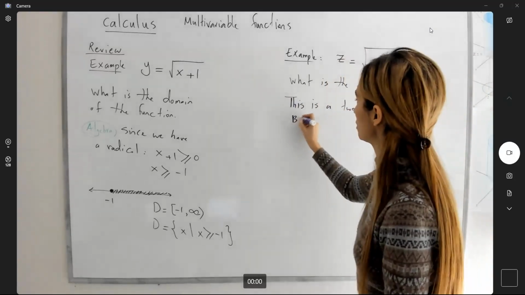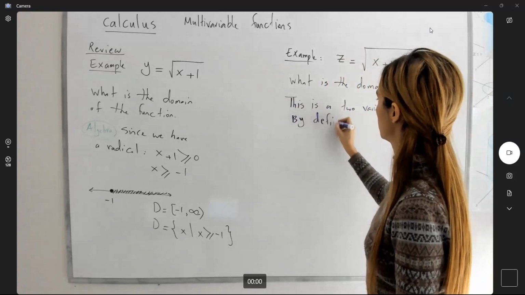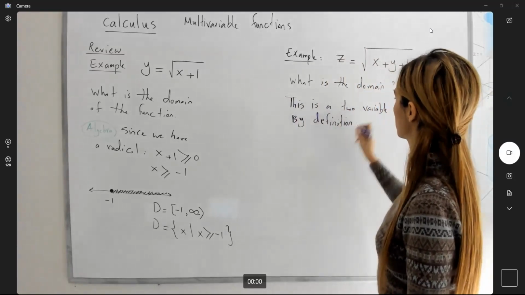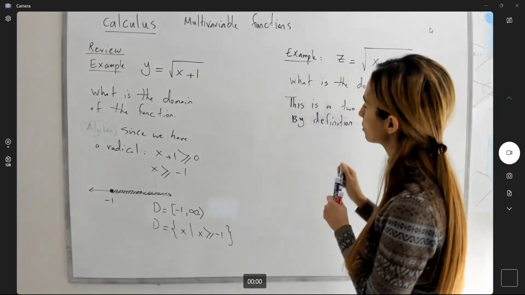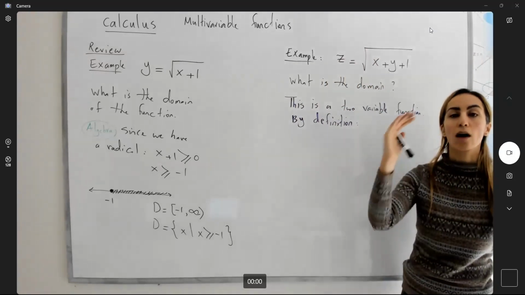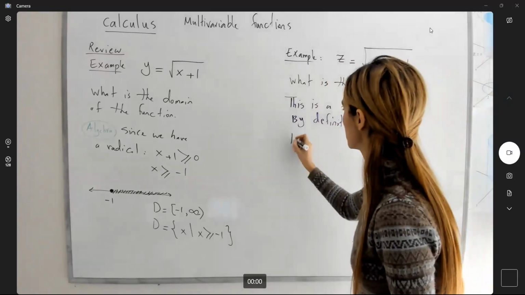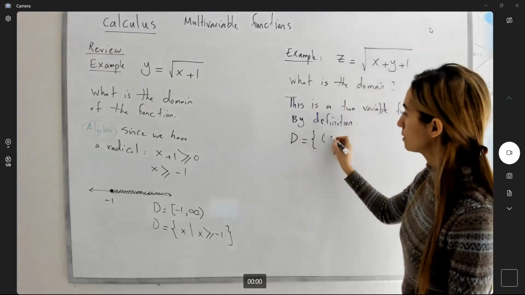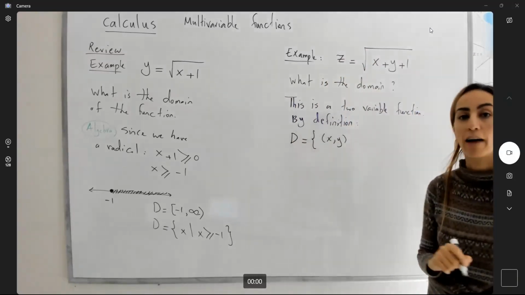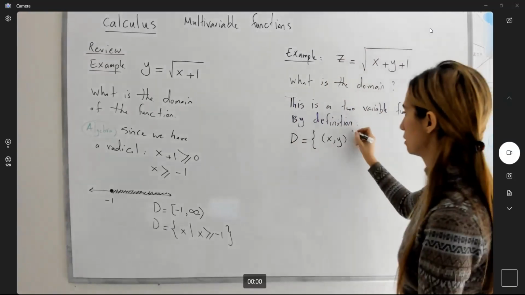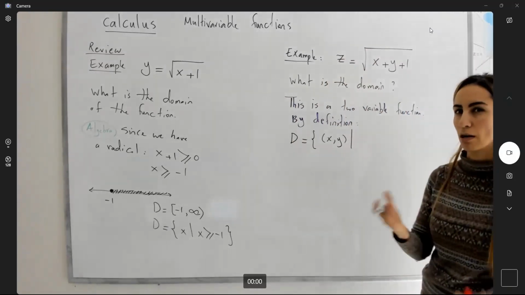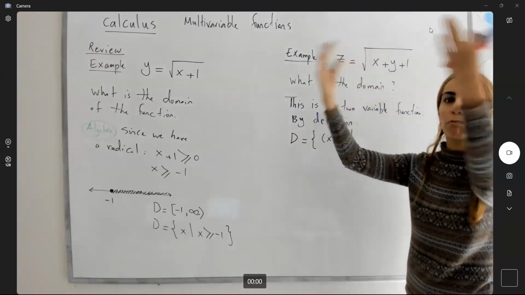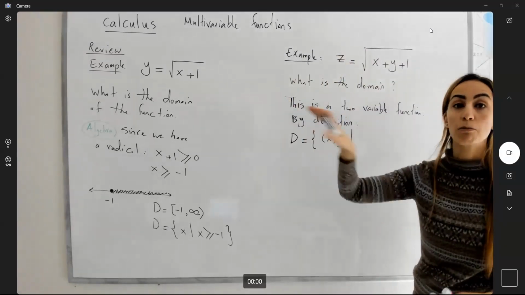By definition, the domain D is the set of (x, y) values with some conditions. We have to review what we learned before.